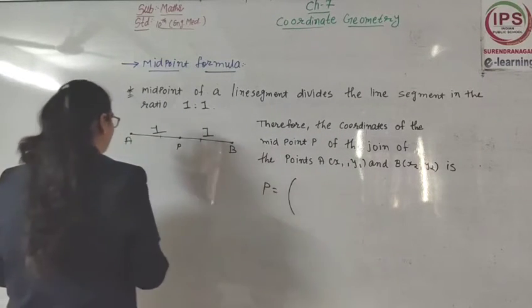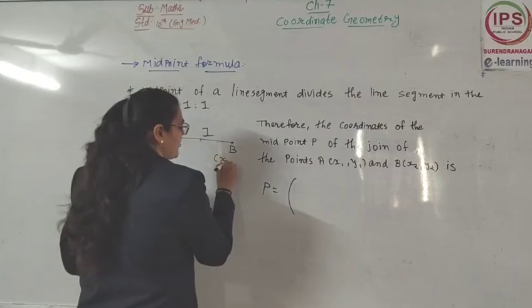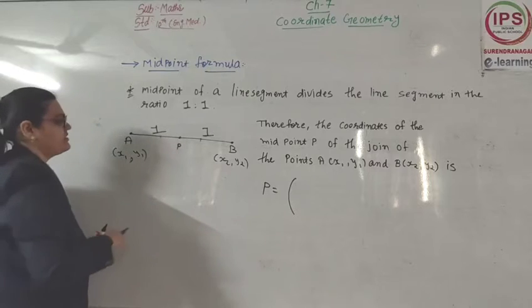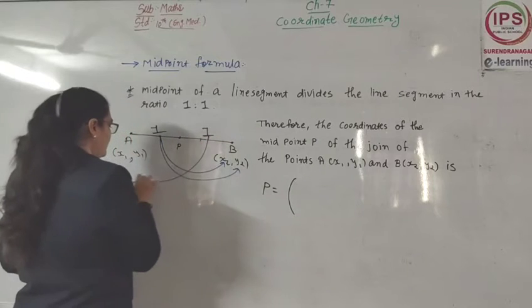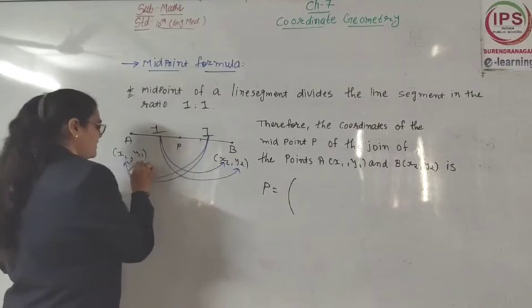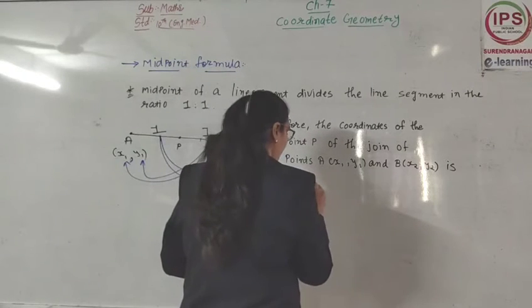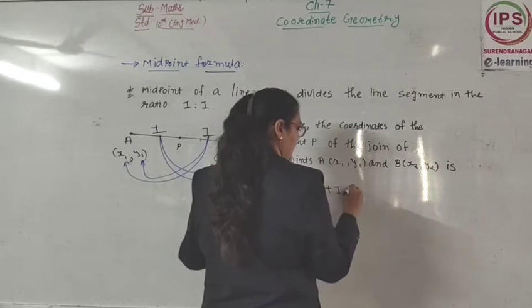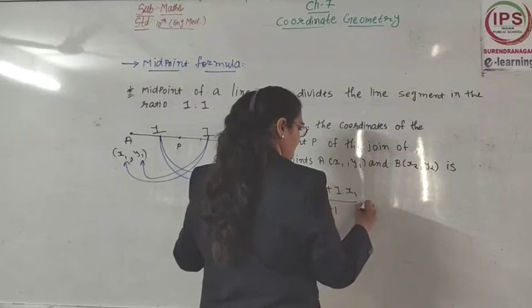Coordinates of A are x1 comma y1, coordinates of B are x2 comma y2. Here we have to apply the section formula: 1 into x2 plus 1 into x1 upon 1 plus 1, comma.